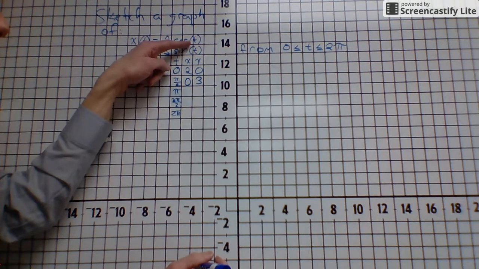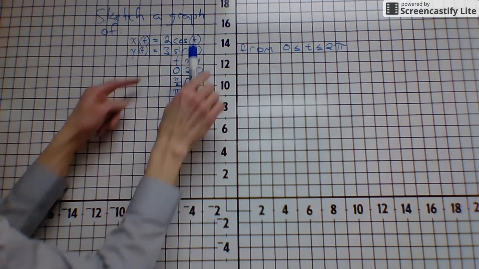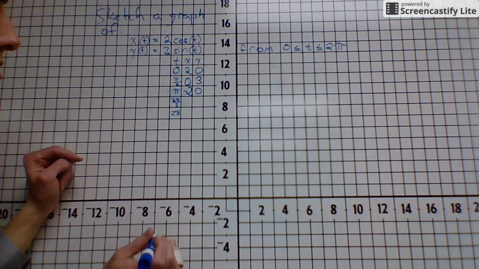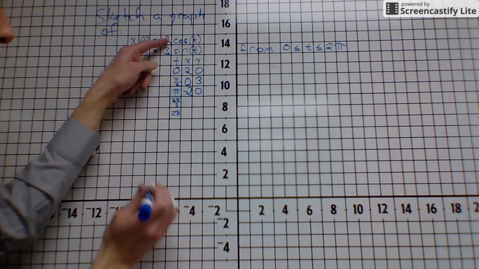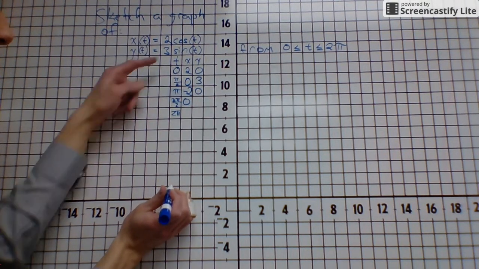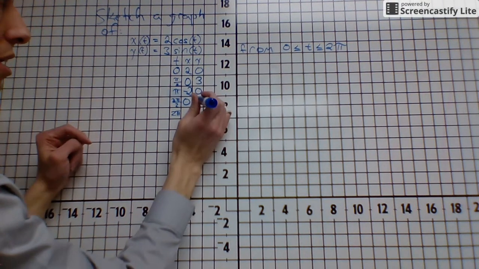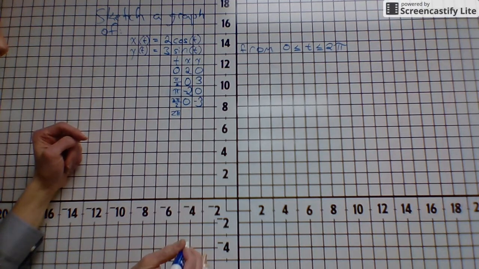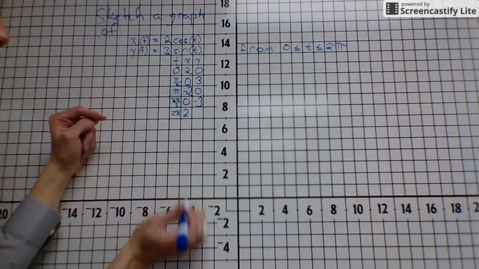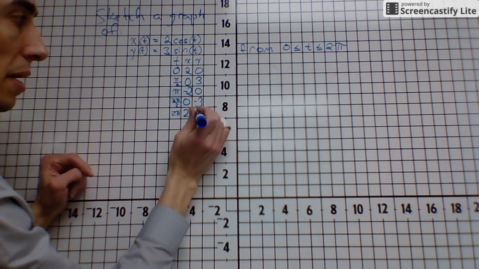The cosine at pi is negative 1, times 2. The sine at pi is 0, times 3. The cosine at 3 pi over 2 is 0, times 2. The sine at 3 pi over 2 is negative 1, times 3. And the cosine at 2 pi is 1, times 2. The sine at 2 pi is 0, times 3.